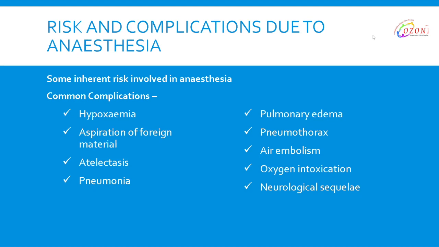Many times, if the anesthetic is overdone and more IV fluids are given, there is a possibility of pulmonary edema. Then pneumothorax, air embolism, oxygen intoxication, and neurological sequelae. All these are the common complications you need to tackle.